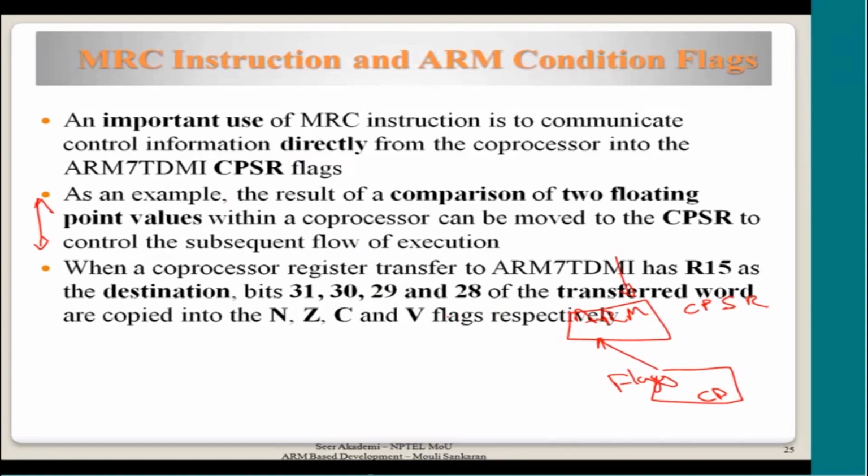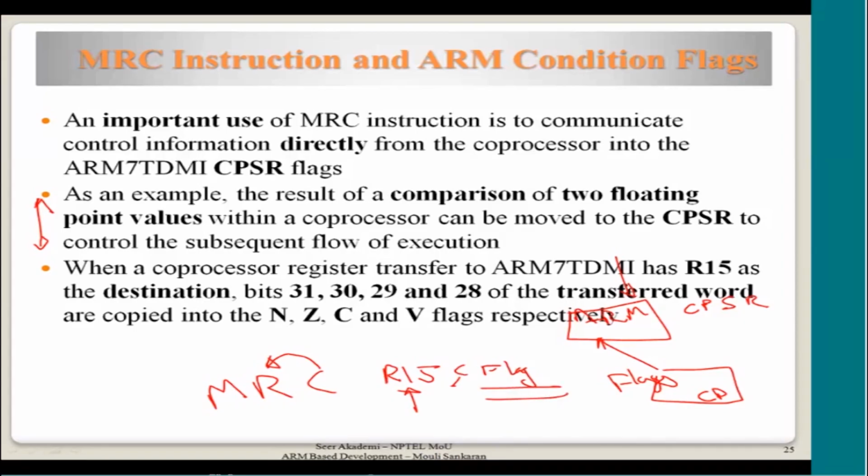There is a special way. You can use only the MRC instruction. That means the coprocessor is moving to a register. Now suppose here you say R15 as the ARM register, and then the flags in the coprocessor.